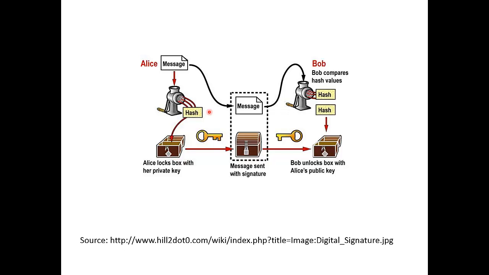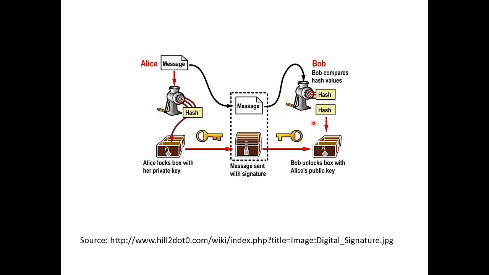So for example, Bob has access to her public key already, so she sends the message together with this lockbox containing the message digest. The message digest is of course encrypted by Alice with her private key.